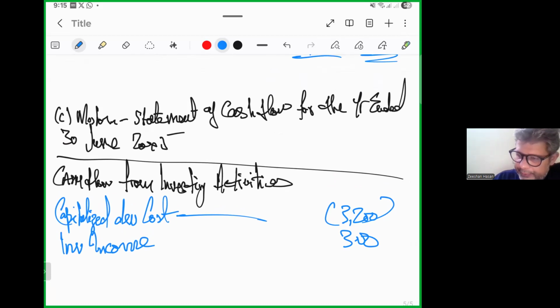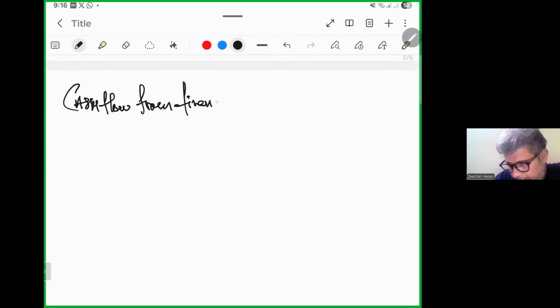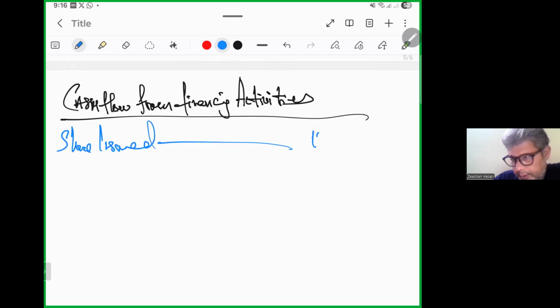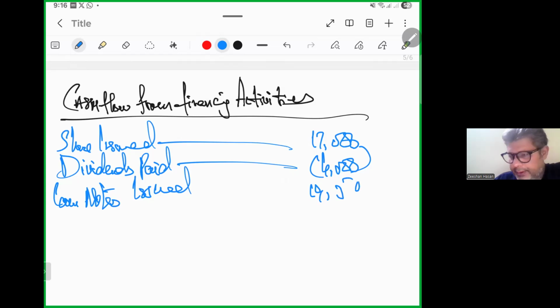And finally cash flow from financing activities: share issued, dividends paid, 4,000, loan notes issued, 19,500.